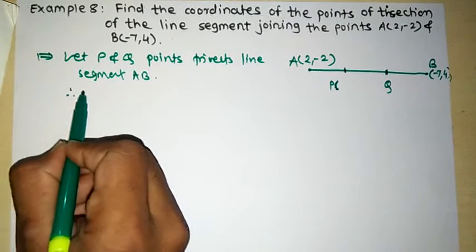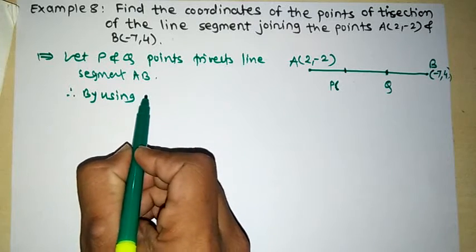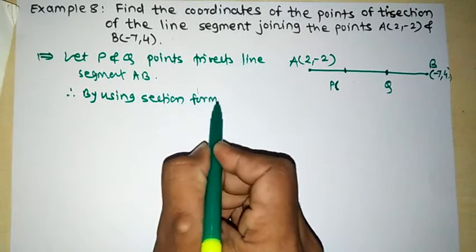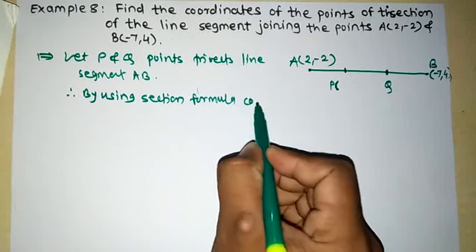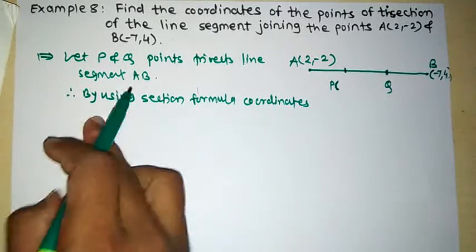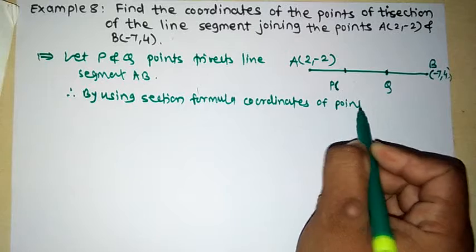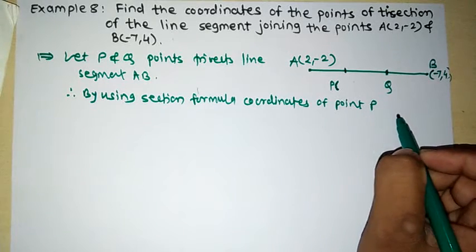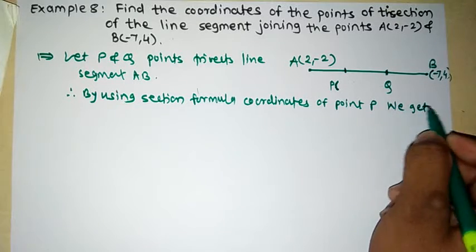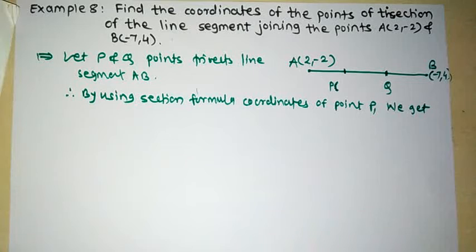Therefore, by using section formula, first we will find the coordinates of the point P. Therefore, by using section formula, coordinates of point P, we get, see here, what is the coordinate of the point P?